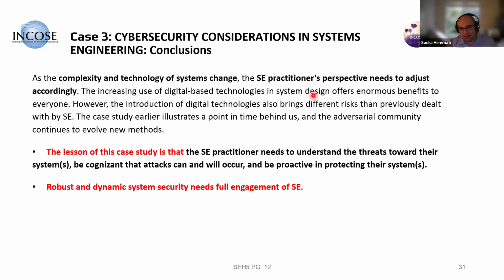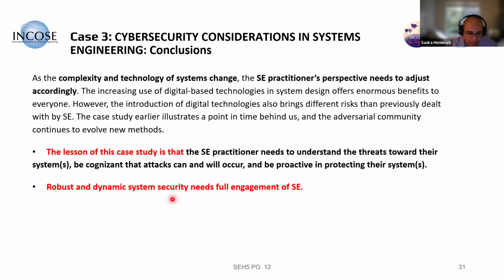The system design stage is the right place to think through as much as possible. The lesson is we need to understand the threats for the systems, be cognizant that attacks can and will occur, and be proactive in protecting the systems.